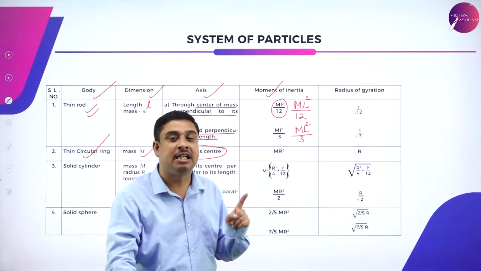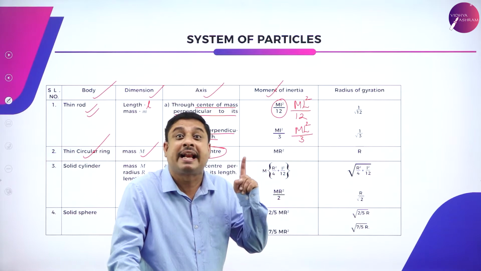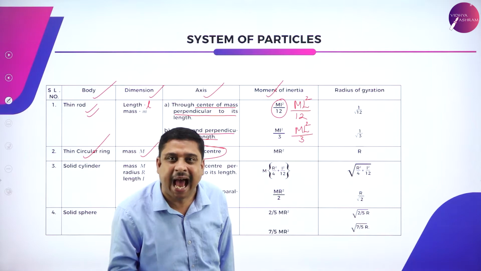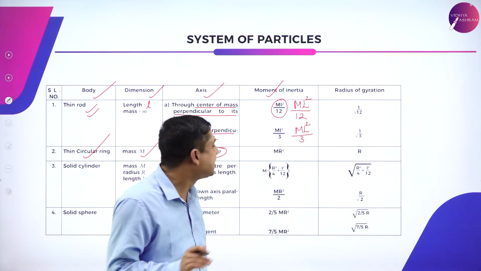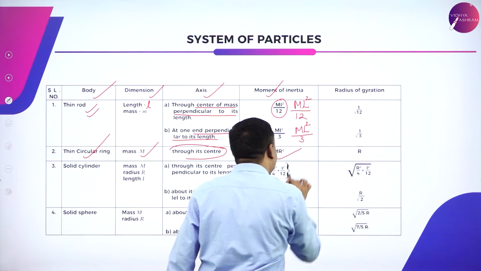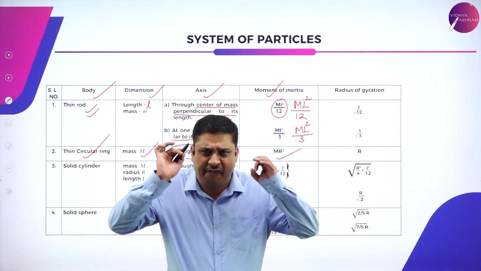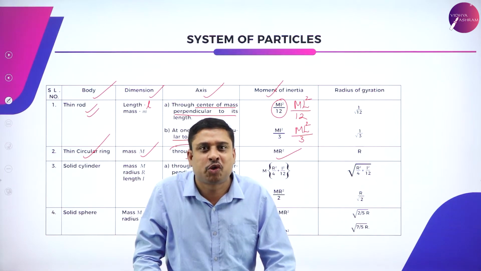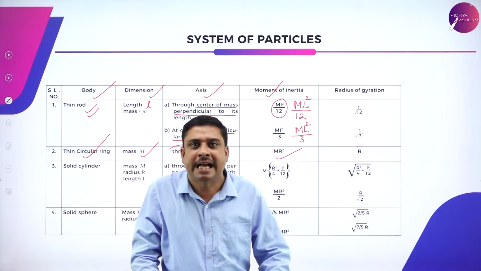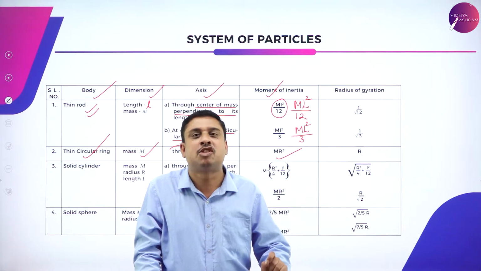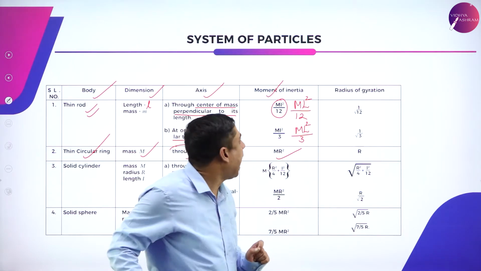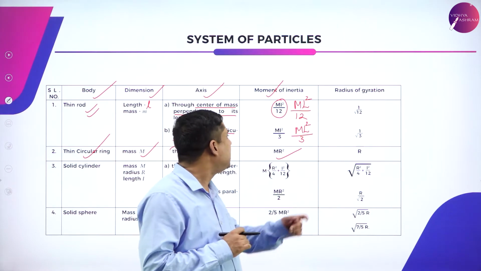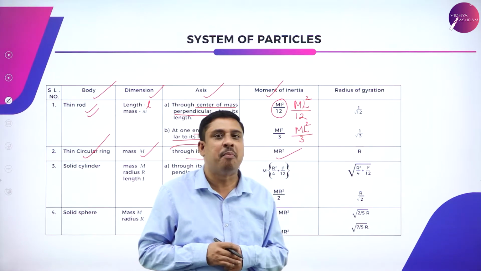They always ask this, circular ring of mass M. What is the axis passing through the center? It is mr square. This is a familiar object. Thin circular ring. Dimensions, it has mass M, axis of rotation, center, moment of inertia, mr square.